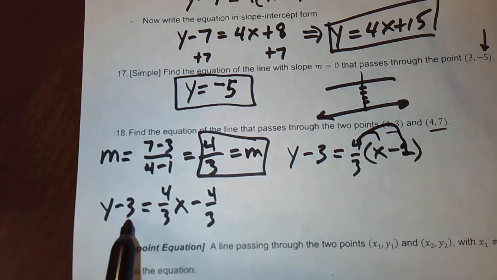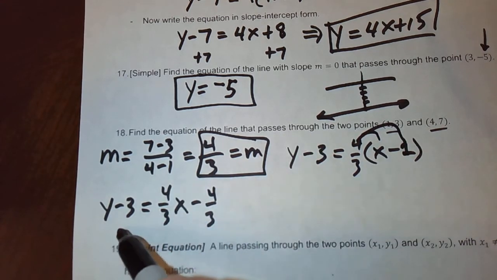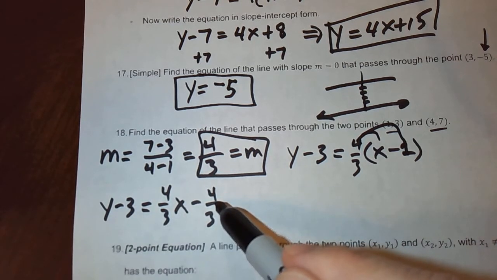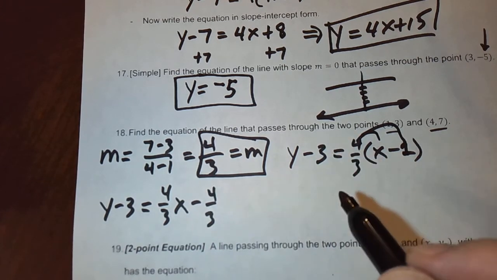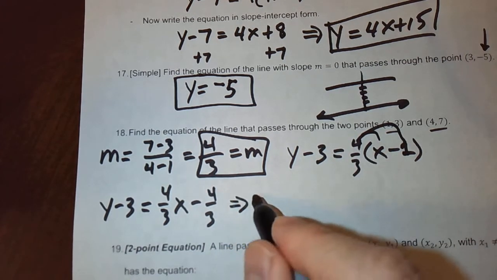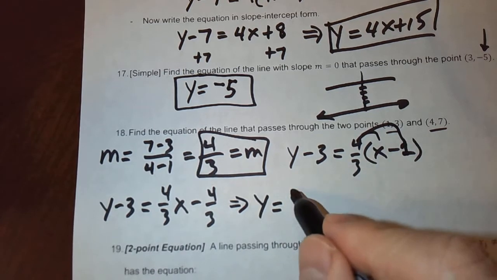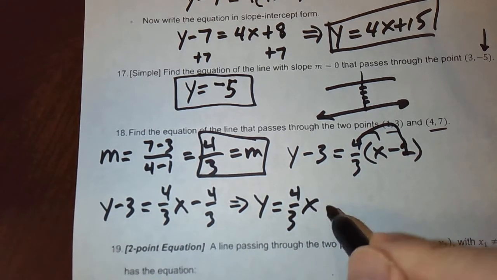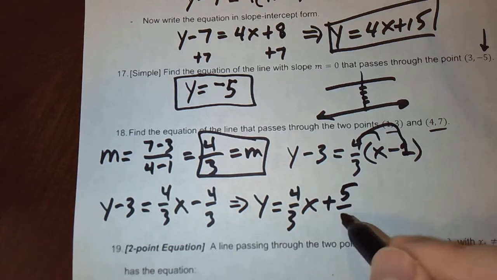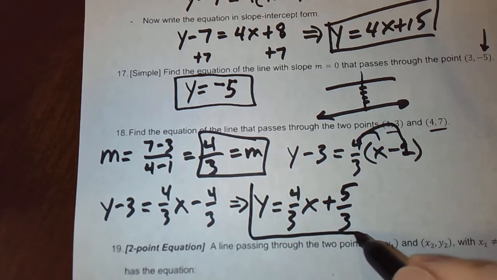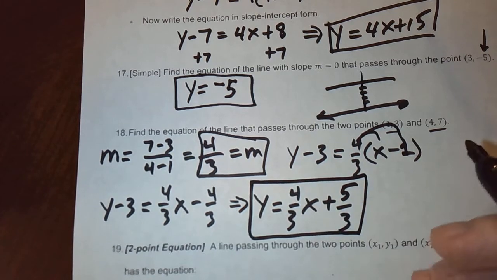And all I have to do now is add 3 to both sides. When I add 3 here, it cancels out to 0. When I add 3 over here, I remember that 3 is equal to 9/3. So I'm going to add 9/3 to -4/3, and I will get y equals 4/3 x plus 5/3. That is the equation in slope-intercept form.